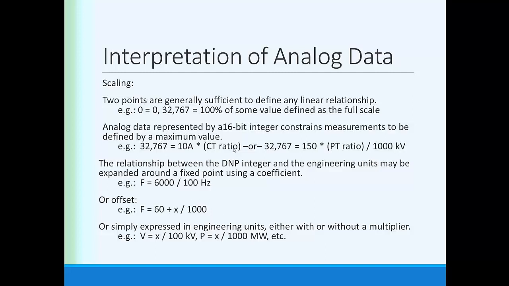Suppose you need the frequency down to 1/1000th of a hertz. Well, using the method that we just described, you would have to be able to count up to 60,000, which you can't do with a 16-bit 2's complement number. So there's another method of scaling data where you say, okay, I know that I regulate my frequency around 60. So I'm going to assume the 60 part, and I'm only going to encode as a binary integer the deviation above or below 60.